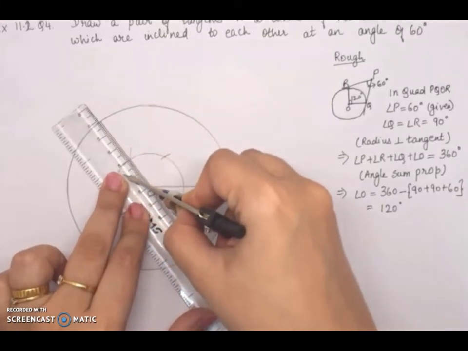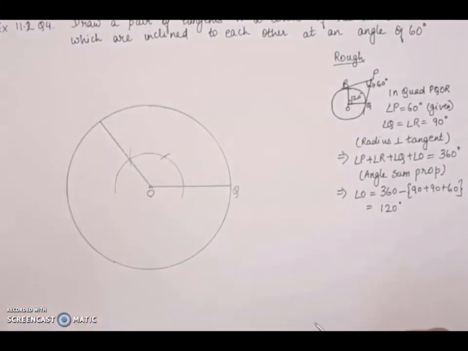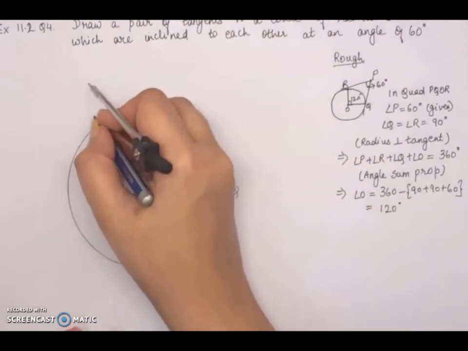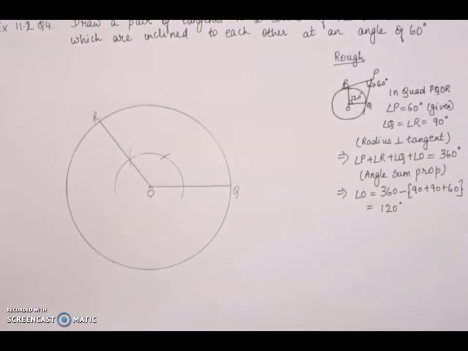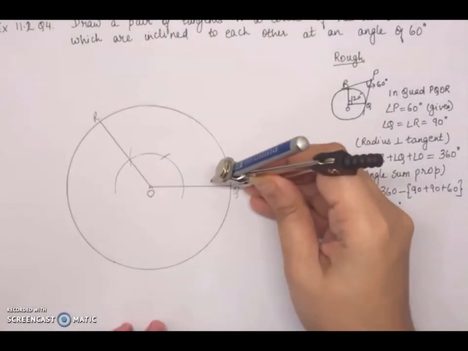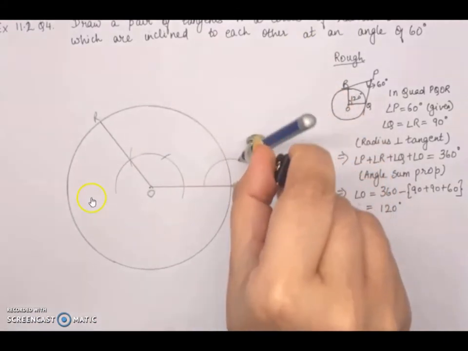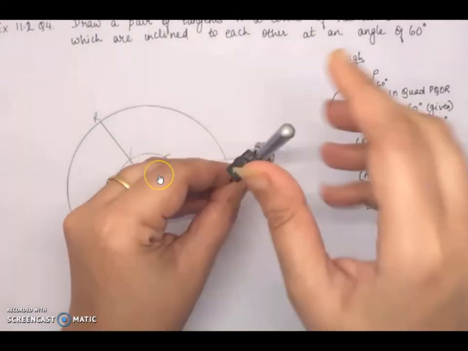Now this is a 120 degree angle. So this point will be marked as R. So I have got two radii now, OQ and OR, which are inclined at an angle of 120 degrees.